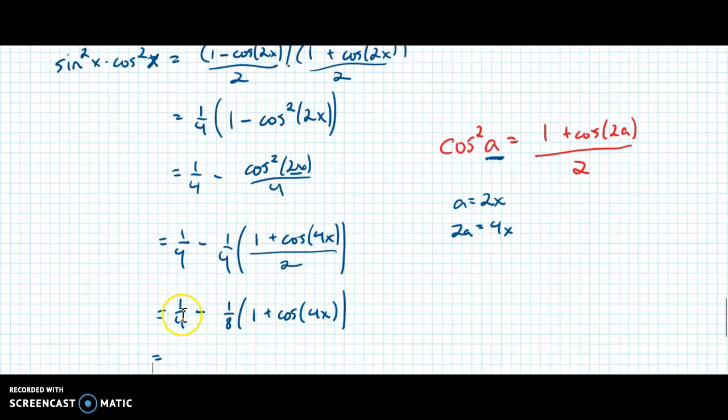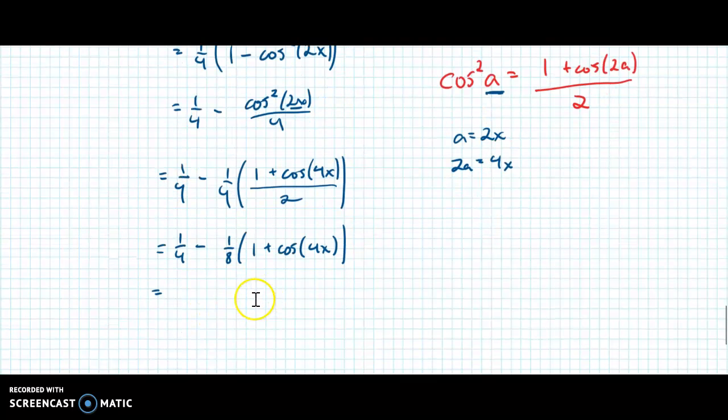This is 1/4 minus 1/8, right? You should know that 2/8 is a fourth, so if I take a fourth minus an eighth, I'm actually left with 1/8. And then minus cosine of 4x all over 8 once I distribute that 1/8 in.